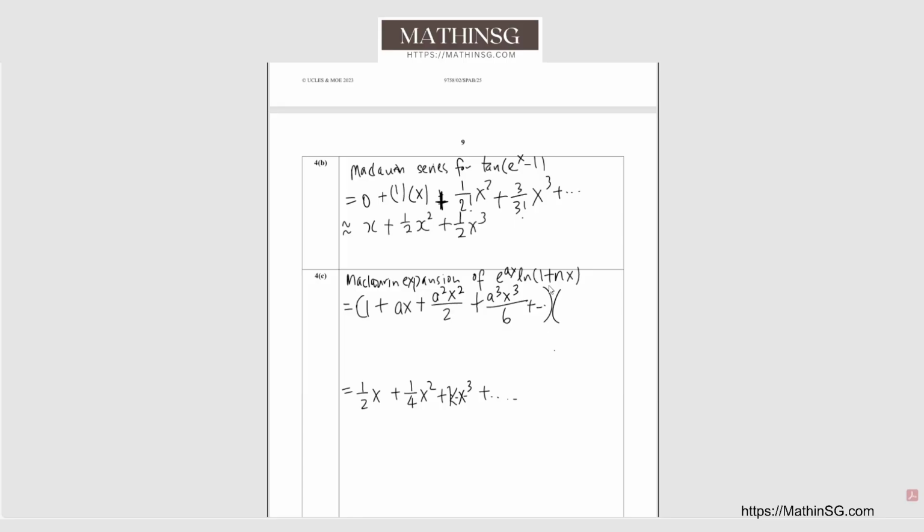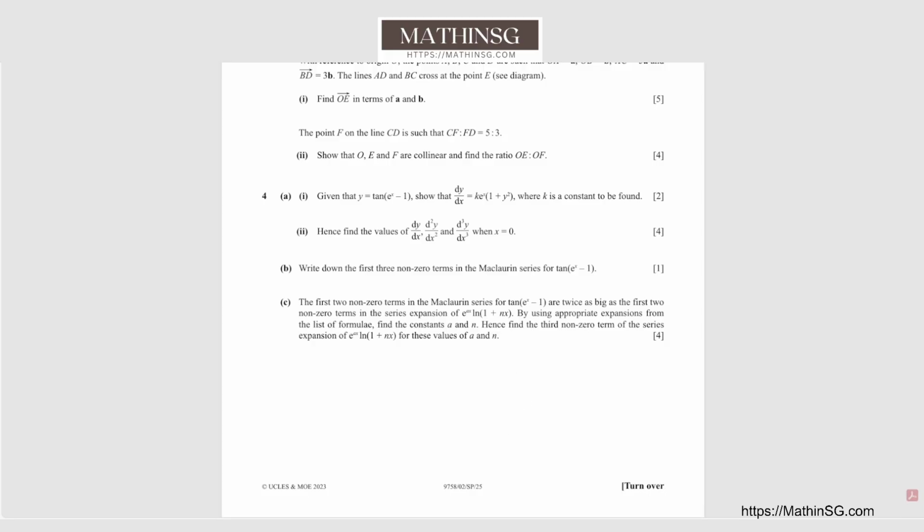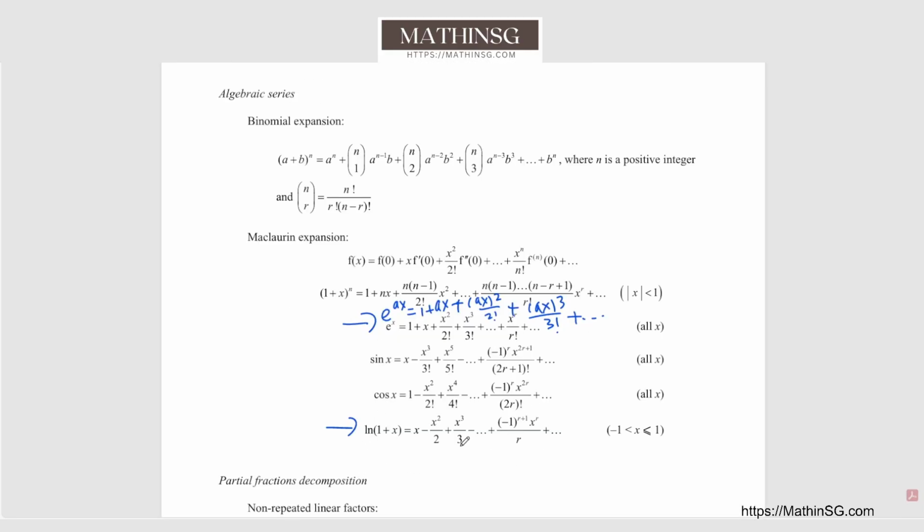Then next I need to expand ln(1 plus nx). Same thing, I'm going to use this expression and expand until the x cubed term. So if I have ln(1 plus nx), I replace all the x with nx. So it's equal to nx minus (nx) squared over 2 plus (nx) cubed over 3.